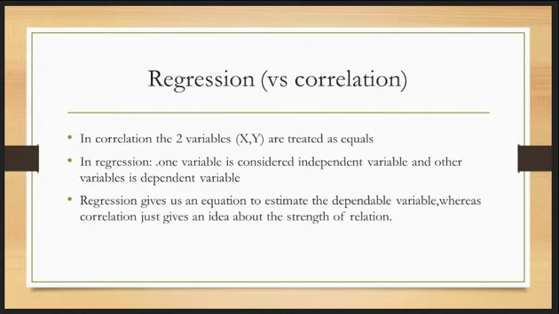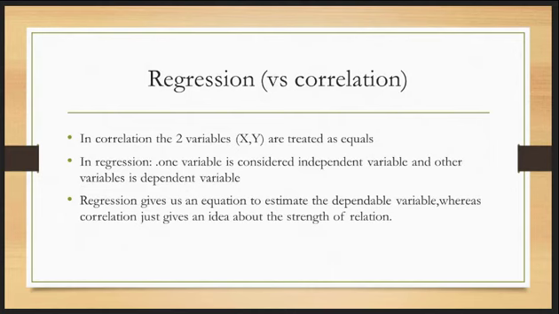Okay? Regression gives you an equation to estimate the dependent variable, whereas correlation just gives you an idea about the association or the strength of relationship. So we can say regression helps to predict the future. Now let's see the formula.